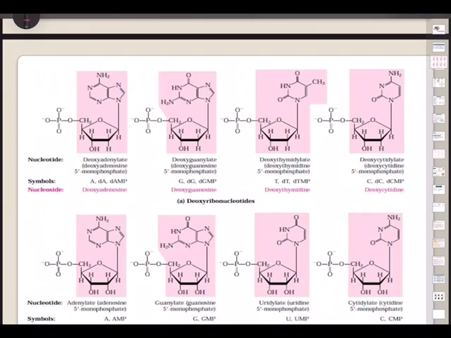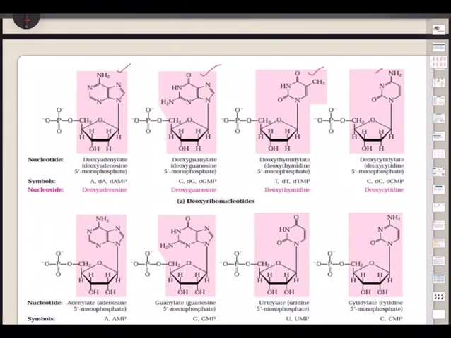That becomes this. Now you can see here the nucleotides. Deoxyadenylate: adenylate means adenine is there, that is why adenylate. Second, deoxyguanylate, guanine is the structure.